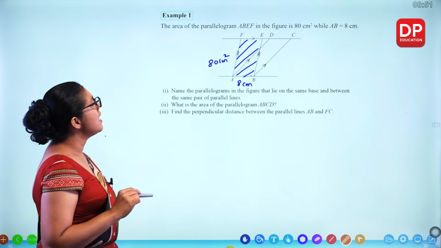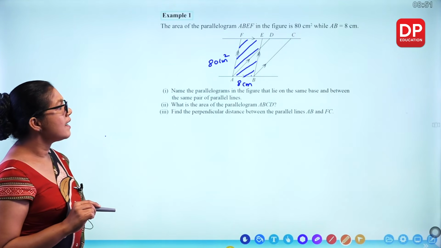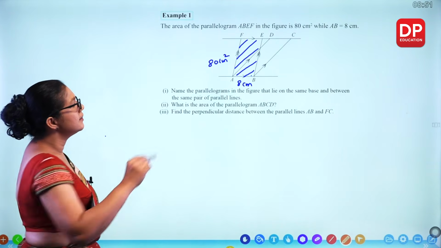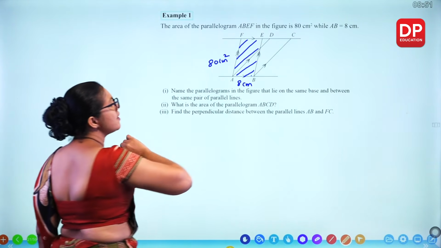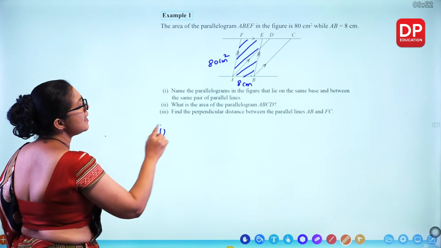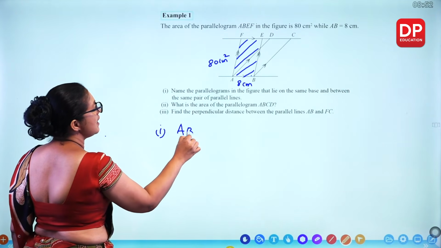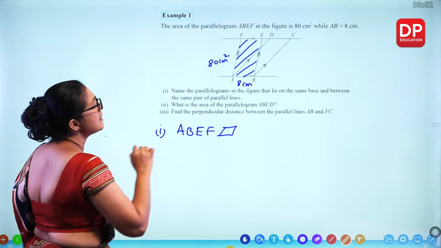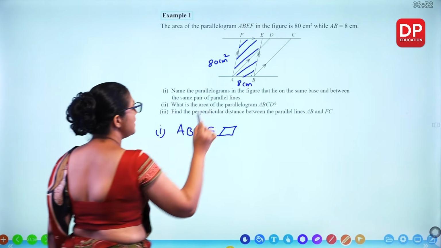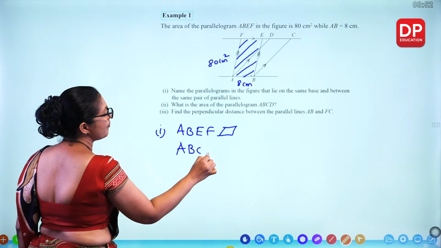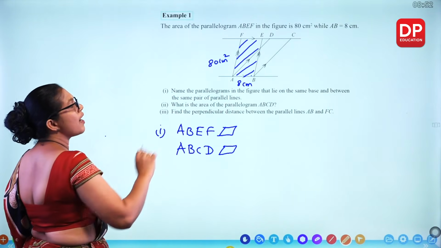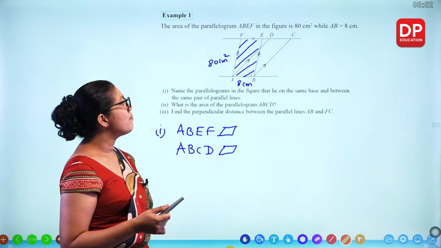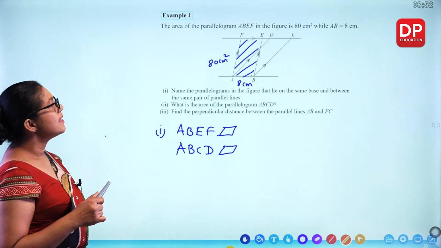In the first part, name the parallelograms in the figure that lie on the same base and between the same pair of parallel lines. What are the parallelograms? We can say ABEF parallelogram and ABCD parallelogram. Both are on the same base AB, and in between the two parallel lines AB and FC.